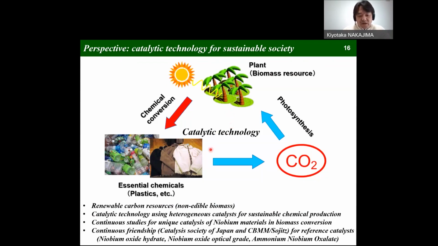And I have to announce that we have very good friendship with CBMM and Sojitz. So our society, the Catalyst Society of Japan, will organize the reference catalyst network, so our members can receive these materials from the society and utilize them for acid catalytic reactions. So sustainable development may be based on the continuous friendship between Japan and Brazil.